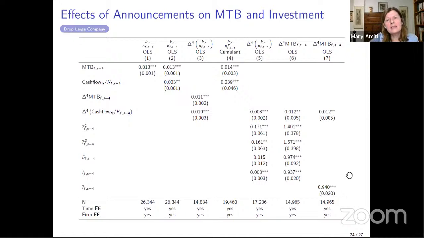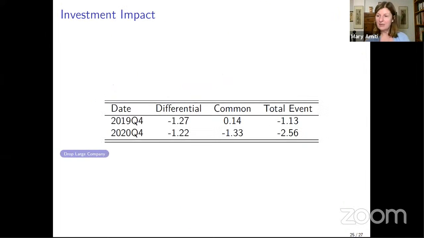So if you think that the trade war did affect stock prices, and that stock prices affect the market to book value, and then the market to book value affects investment, you can see clearly how this link comes through.